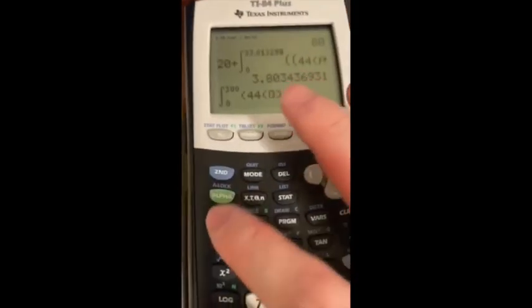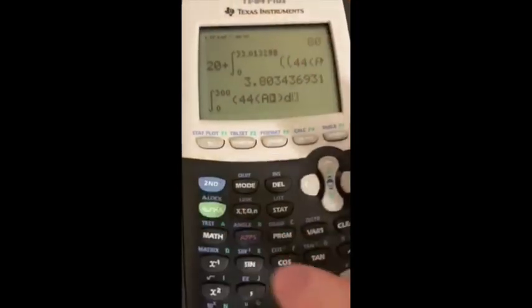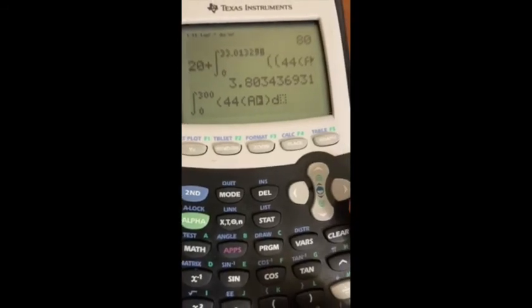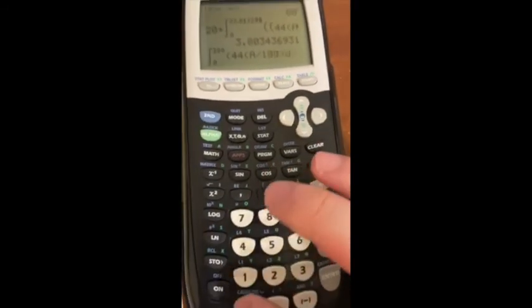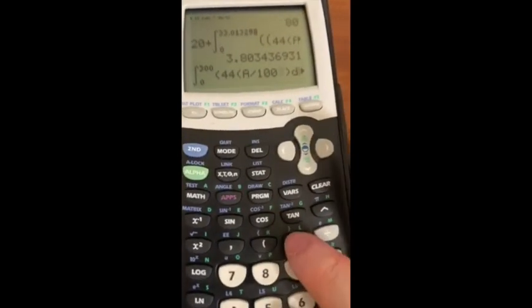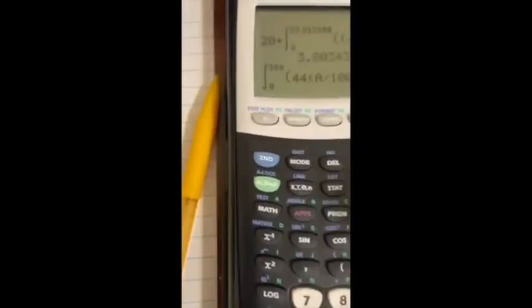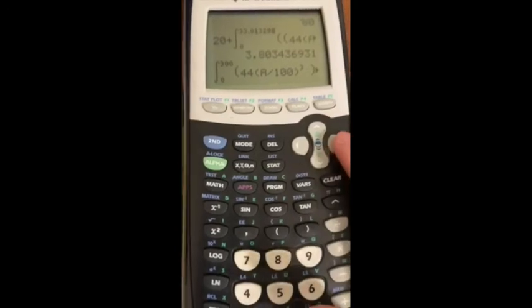I'm just going to use a because it's the closest one right here, and I could access it the easiest out of all the other variables. And just plugging in the formula that they give us in the problem.